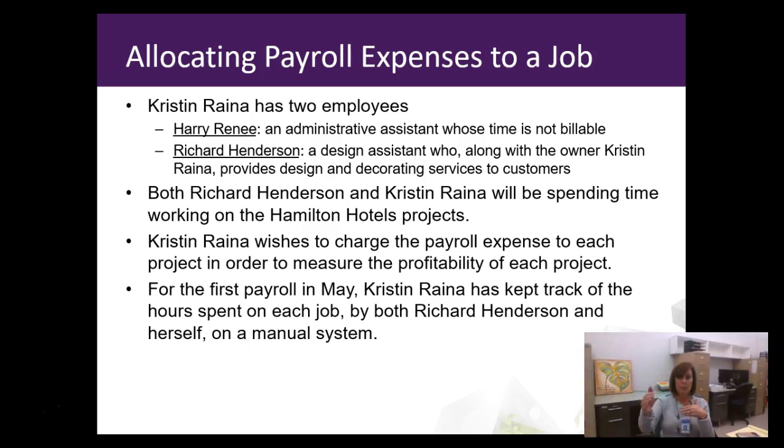And the customer is going to pay hour for hour for the amount of time that Richard spends on the file, whereas Harry's going to spend time on the file, but it may be doing things like setting up the file, setting up the billing system, things like that for this particular customer account. But that's not something that we're going to pass on to the customer. That's going to be an overhead expense item that we maintain internally, but we want to track it.